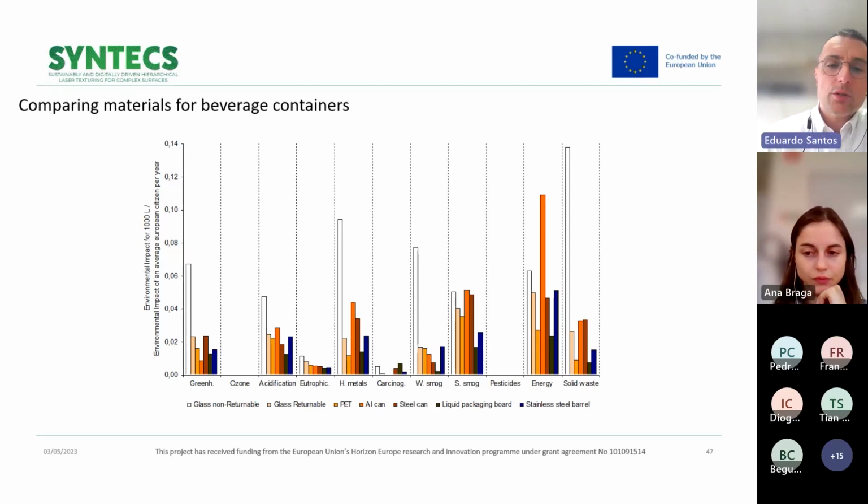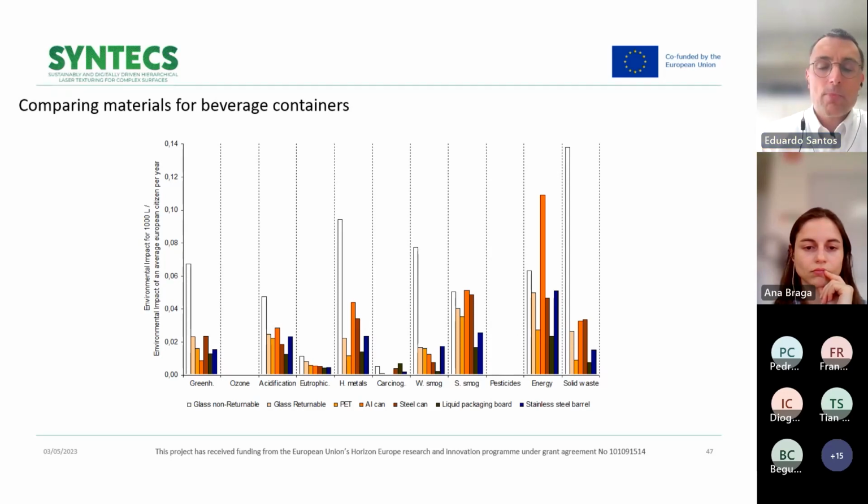What we can see is, for instance, ozone and carcinogens and pesticides are negligible categories. This doesn't mean that they have zero impact, they don't. But when compared to the average impact of the European citizen for 1 year, they are practically negligible. So in terms of assessment of the results, we can basically forget about these categories.